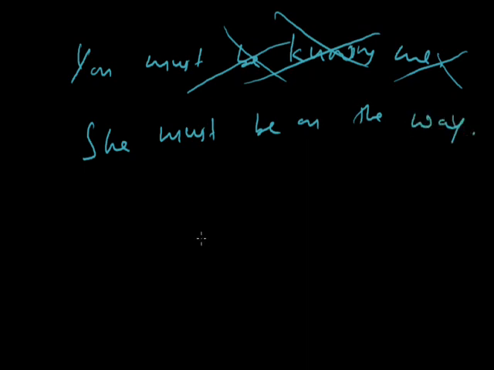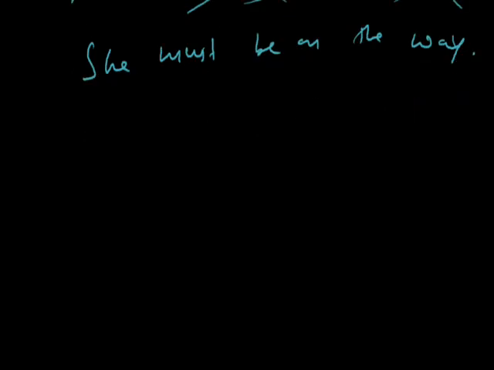Now, must, may and might, all three of them are used to show possibility. How to differentiate between the three of them?